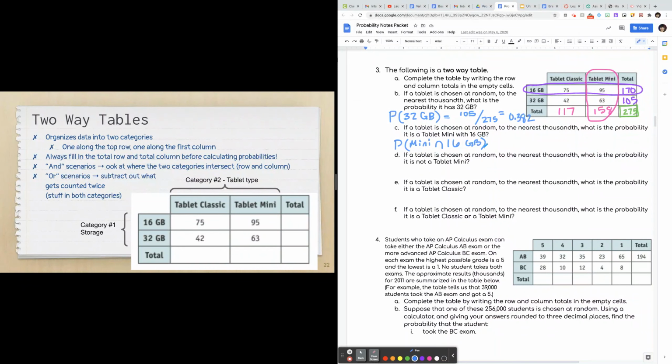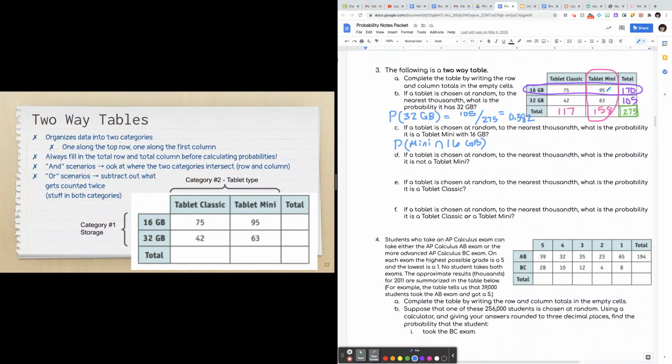Remember, the little upside down U means and. Your strategy here would be to look at where the two categories intersect, which I already have drawn for you up in the actual table. 16 gigs is this purple circle right here, and mini is this pink circle.